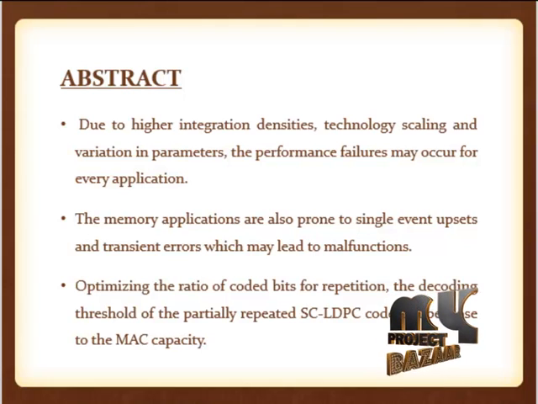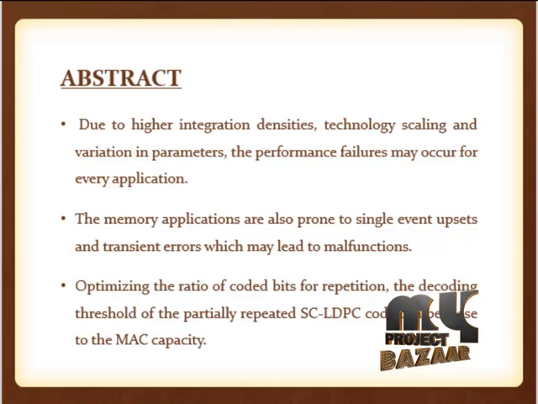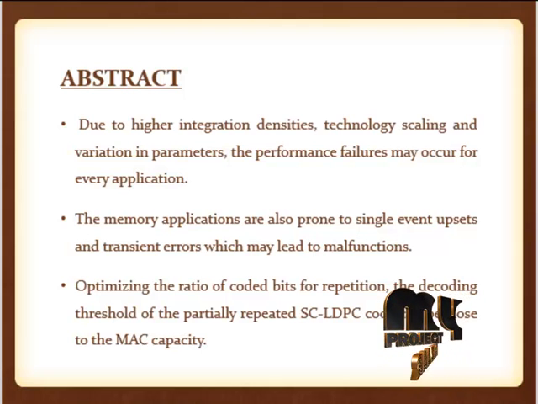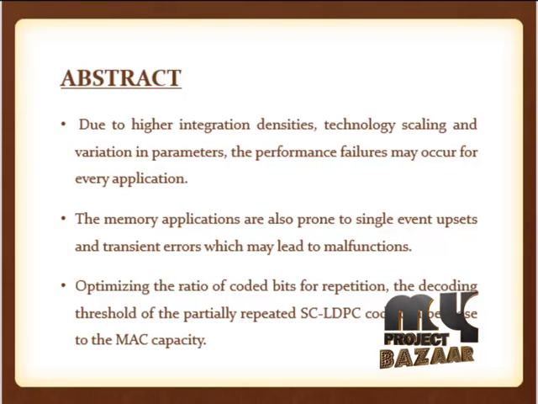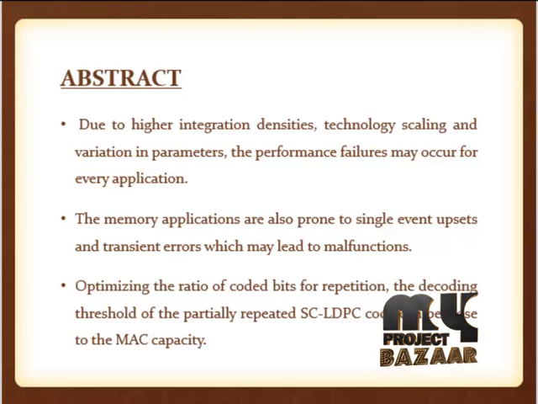Since the decoding increment is only the log likelihood ratio combinations, compared with the original SC-LDPC code, the decoding complexity scarcely increases. The LLR combination is used effectively to overcome the multi-user interference, along with the optimization of the ratio of code bits for repetitions and the decoder threshold of the partial process.